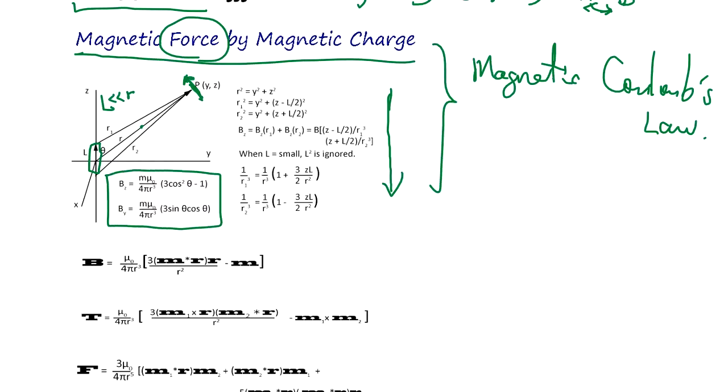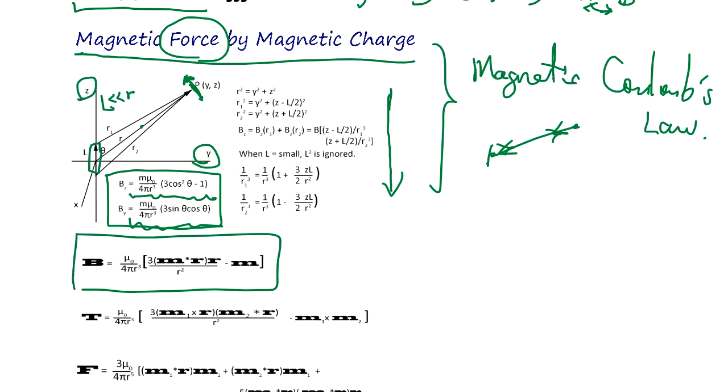You set the Y and Z, then this is the force in each direction. It's more complicated than Coulomb. Coulomb's is just attractive or repulsive. So for magnetic force, first you calculate how much magnetic field is generated by this dipole, right?